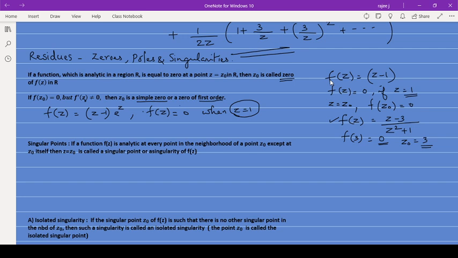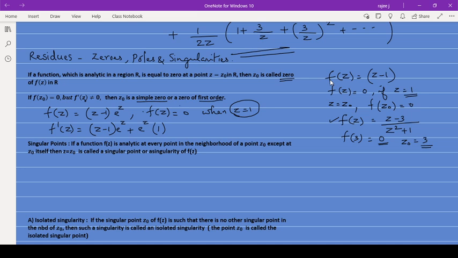Now whether it is a simple zero, to check that you find f dash of z, the derivative. First function into the derivative of e to the z, which is e to the z, plus the second function e to the z into the derivative of z minus 1, which is 1.